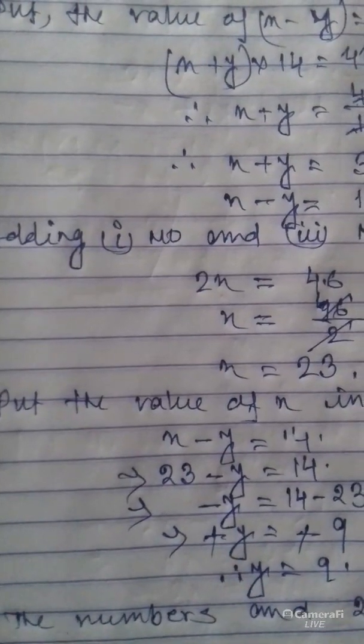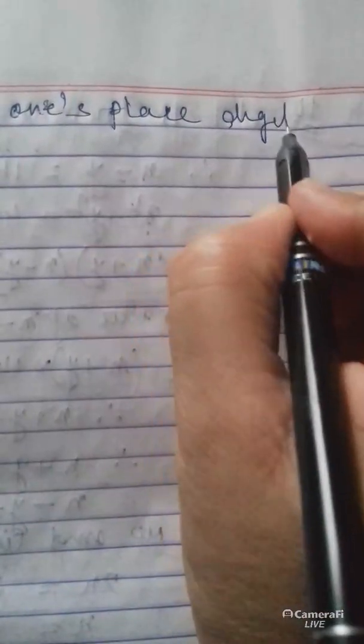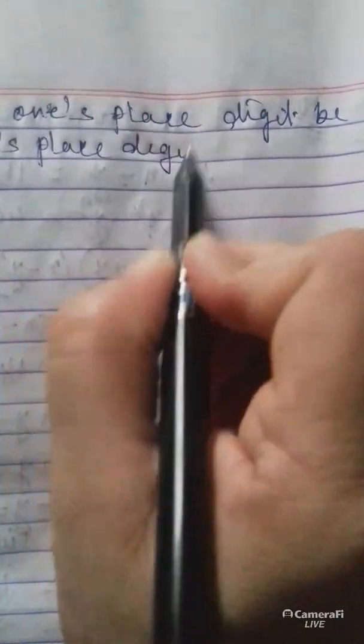Now next math. Question number 11. The sum of the digits of a two-digit number is 12. Let the ones place digit be x and the tens place digit be y.